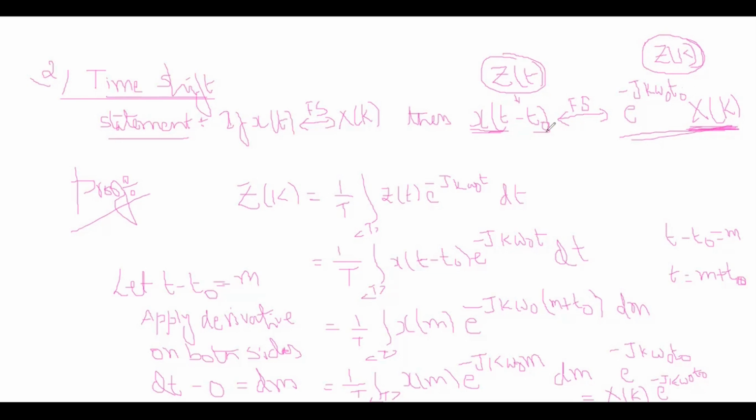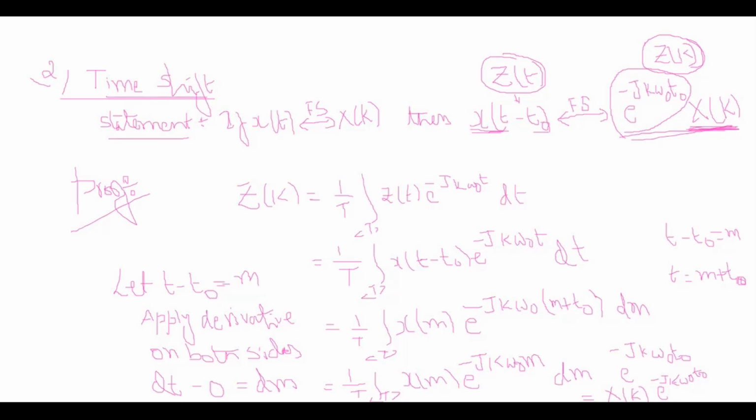If instead of t naught there is another value, 3 or 4, then e power minus jk omega naught 3, 4, whatever it is. Following my students, for the shifting of t naught samples, the exponential factor e power minus jk omega naught t naught is multiplied.